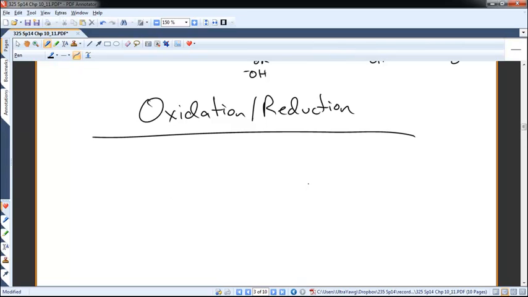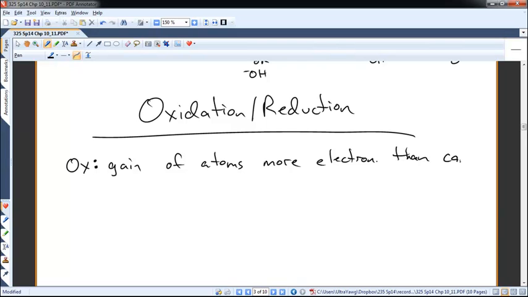Let's make it easier, right? In organic chemistry, we say that oxidation is a gain of atoms on the molecule that are more electronegative than carbon, right? Again, this is organic chemistry, so we care about what carbon is up to.